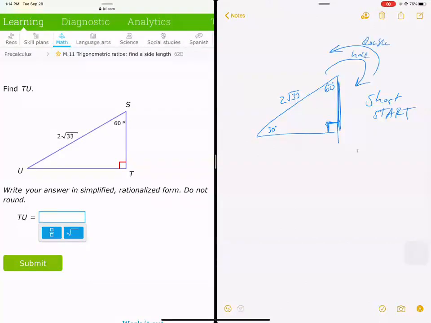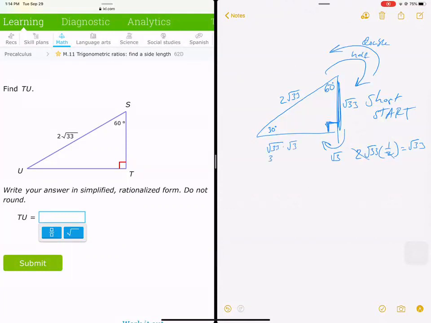So half, let's write it. And if we half it, the 2's divide out, and we're left with square root of 33. So this is square root of 33. And to go forward, that's from short to long, is multiplied by square root of 3. Square root of 33 times square root of 3.